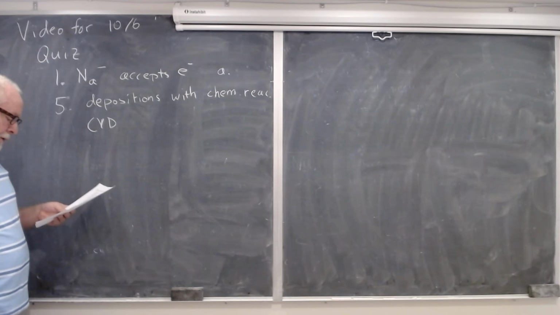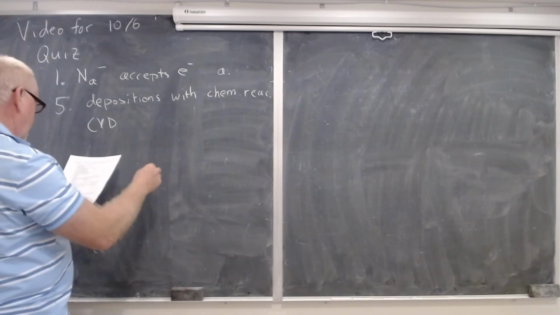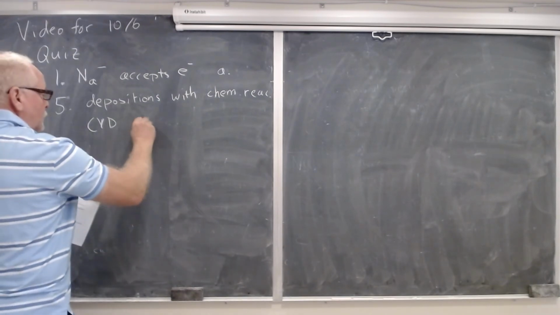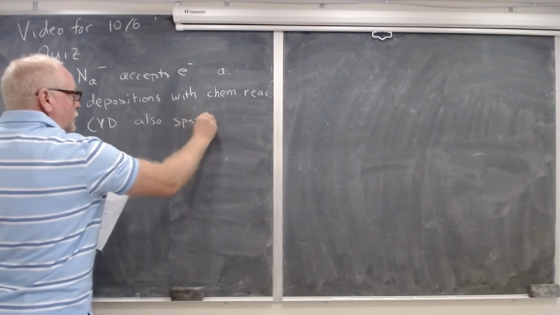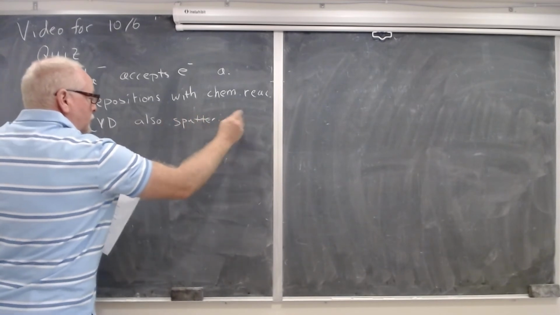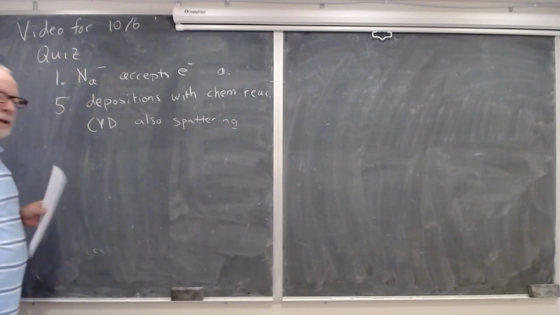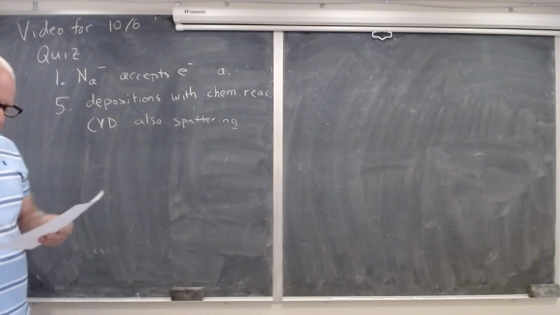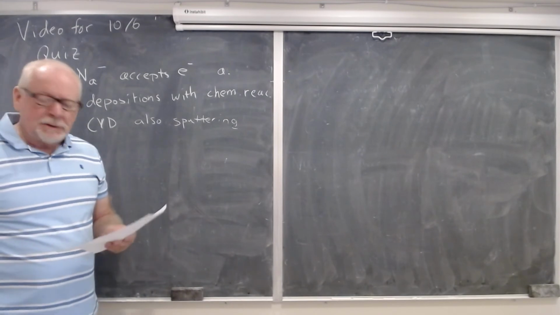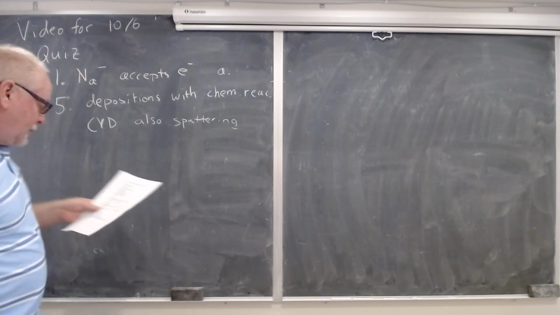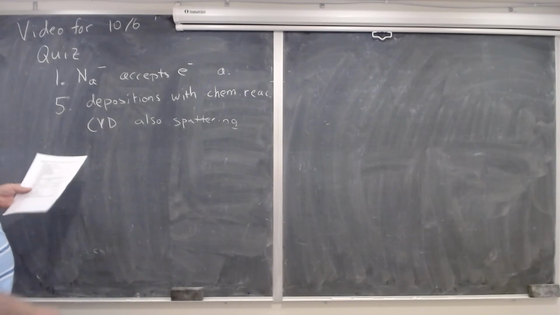We know evaporation is not, but also sputtering, because sputtering can include a plasma, and so it can include chemically reactive species that can cause a chemical reaction at the substrate.